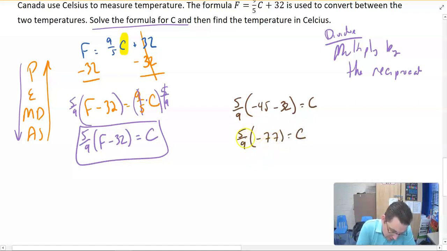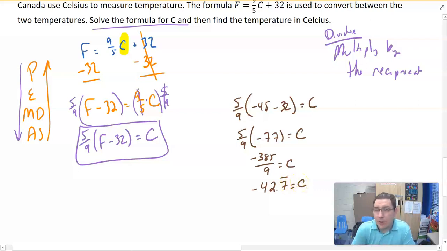Multiplying this out, we get 5 times negative 77, so it's negative 385 being divided by the 9. And 385 divided by 9 is negative 42.7 repeating. So negative 45 degrees Fahrenheit is negative 42.7 repeating degrees Celsius. And so that's what we're looking at.